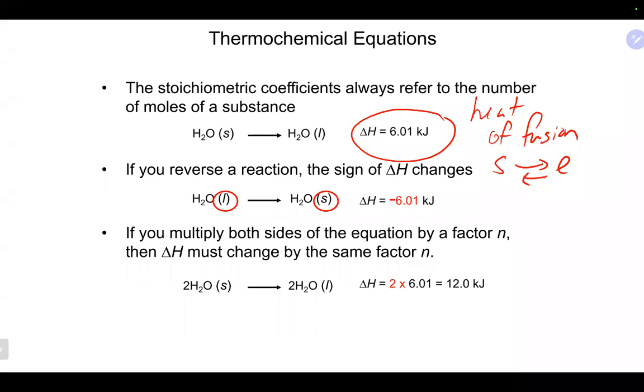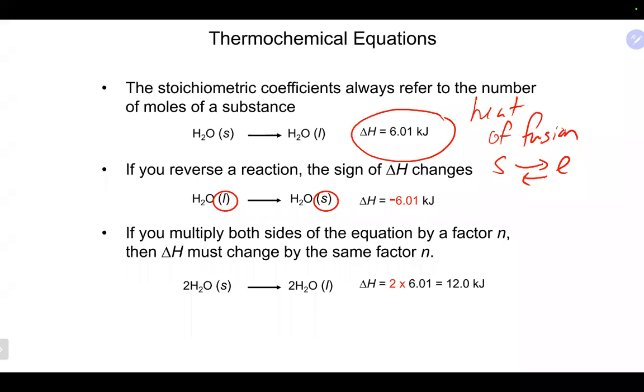The number stays the same, but the sign changes. If it originally was a positive number and you reverse it, the reverse reaction is a negative number, and vice versa. When you see a delta H value, it is specific for exactly how the equation is written. So if you change the equation, the delta H value changes accordingly. And the one major thing you could do is reverse it and change the sign.